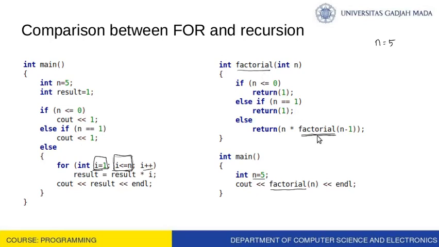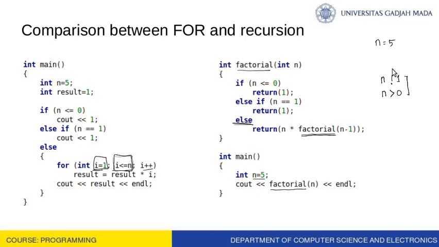And what is the condition? The condition is this, which is else. What is this else? This else is that n is not equal to 1, and also n is greater than 0. So that's the condition to do the iteration.